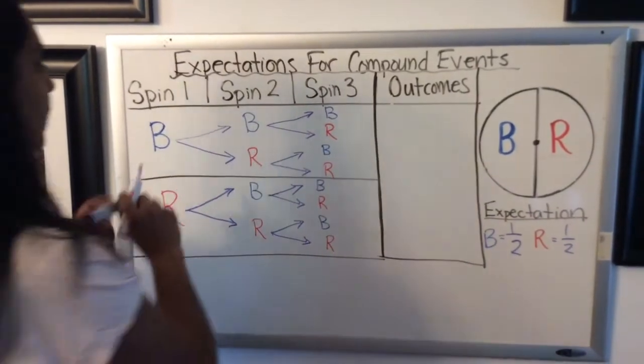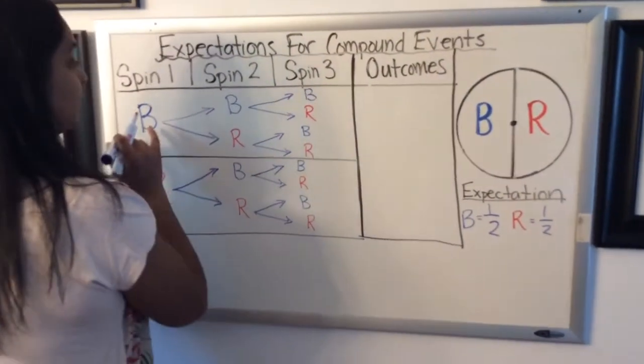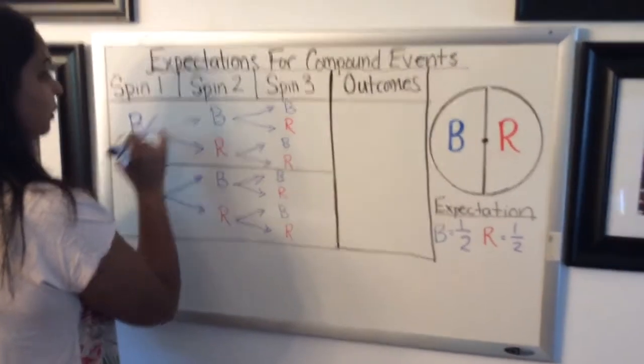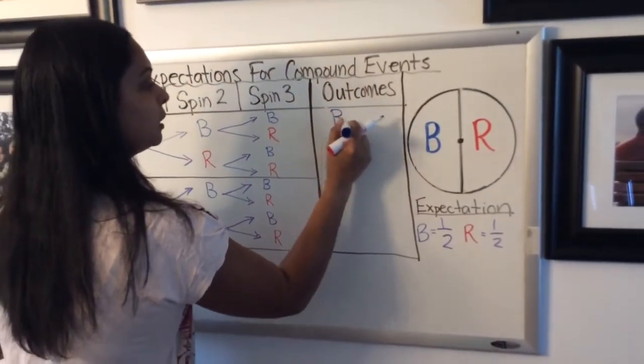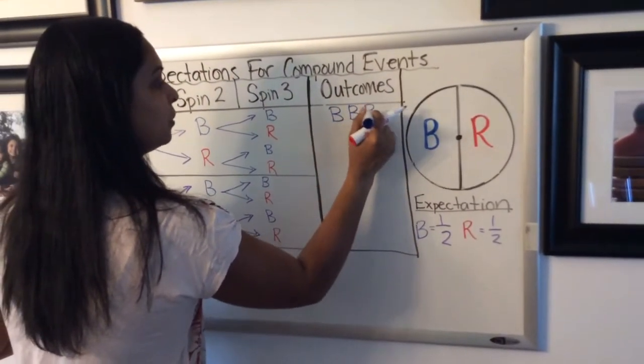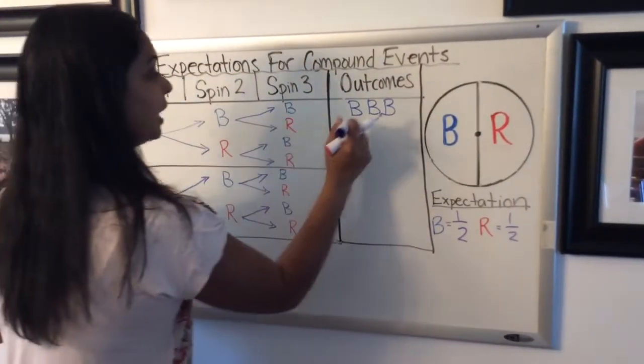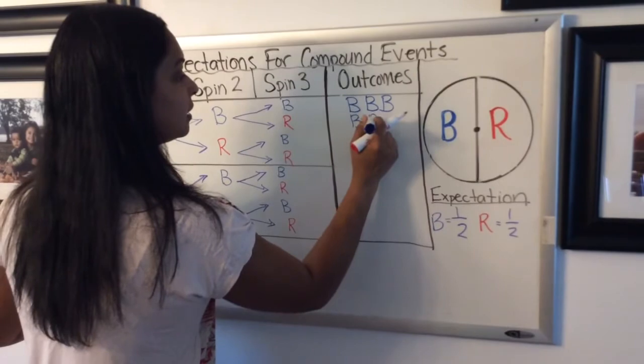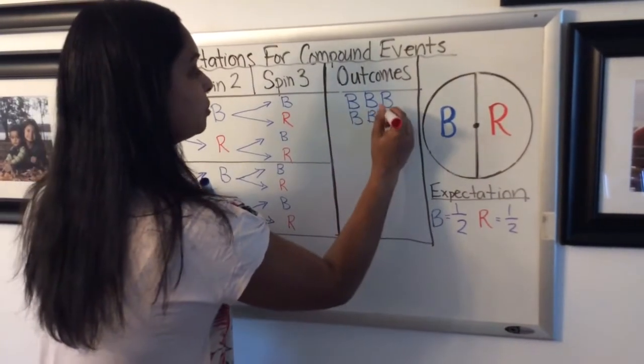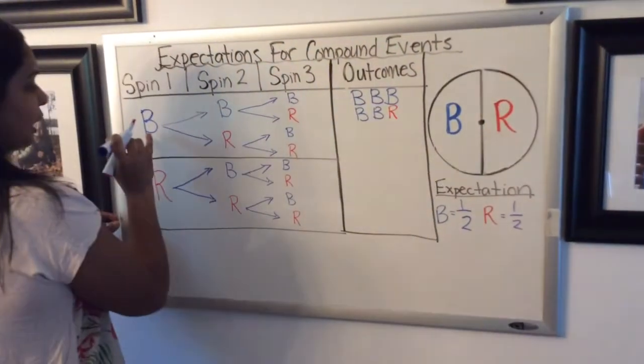So here we go. The first thing that could happen is I could go blue, blue, blue. So blue, blue, blue is one of the outcomes. Then I could have gone blue, blue, red. And I'm just reading off this tree diagram.